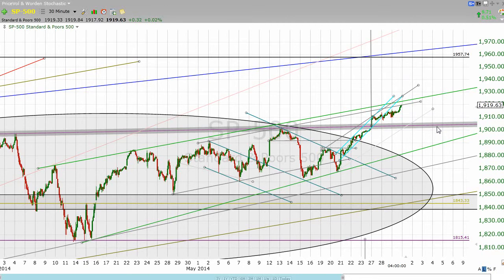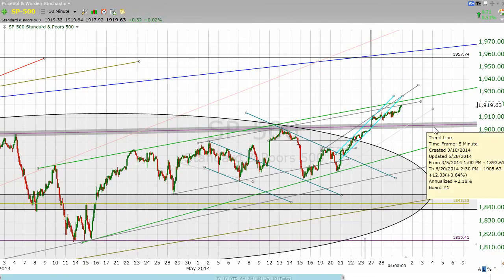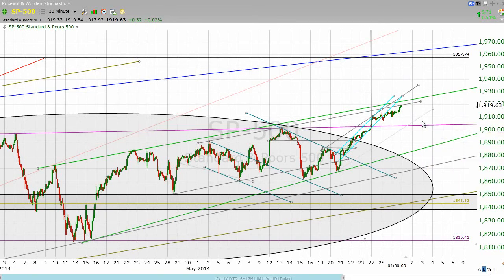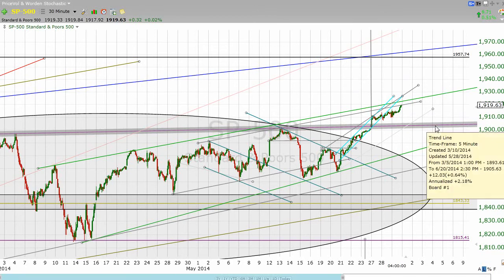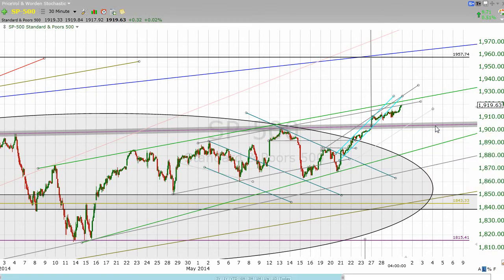It is right on the threshold of being technically significantly over this neckline right here. I think it's probably pretty much a done deal. So we should now be looking to this line to provide support on a sell-off.